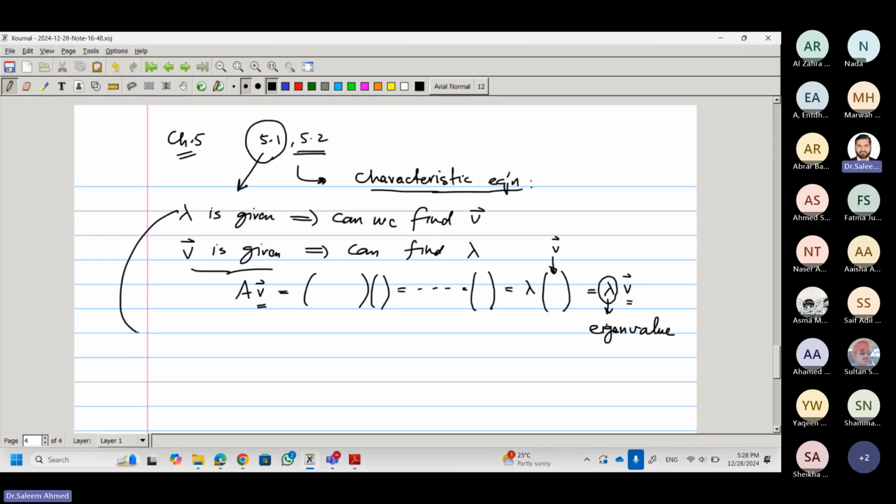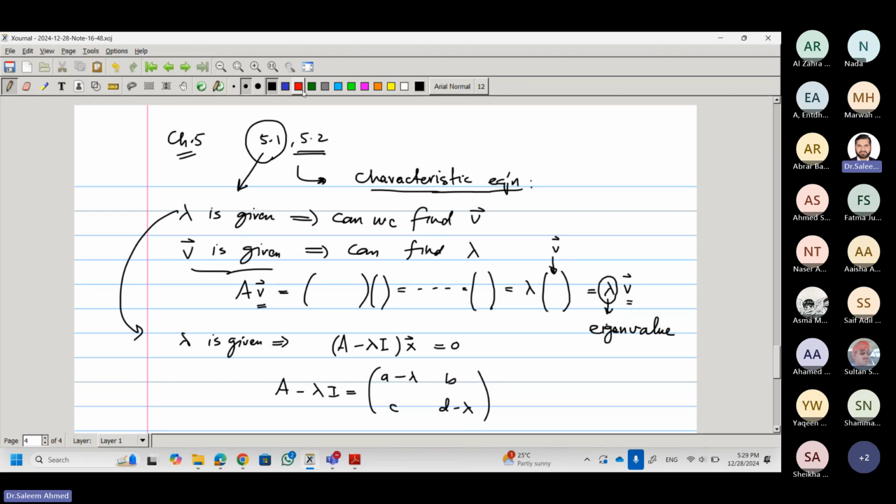But the second one, if lambda is given, then it's not easy to find the vector. Whatever value of lambda is given, you can put that lambda here and you have to solve this thing for x. So for solving it, I can just write this A minus lambda I, which becomes a minus lambda, b, c, and d minus lambda.